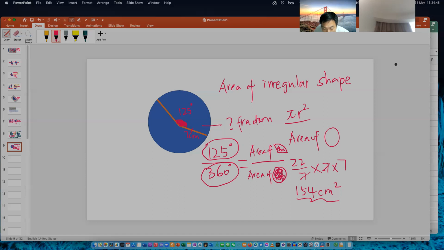So you make use of this concept: the area of this irregular shape over the area of the entire circle should be equal to the fraction of the degree. So the concept here is that the degree fraction should be equal to the area fraction. You are actually making use of this concept.